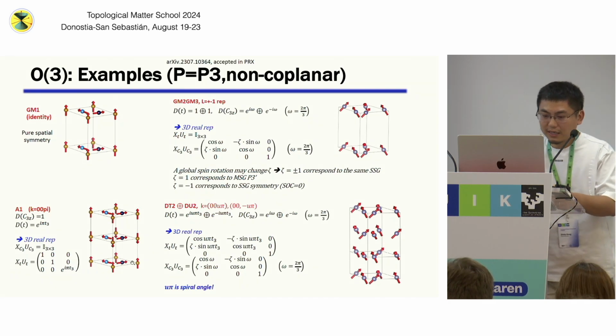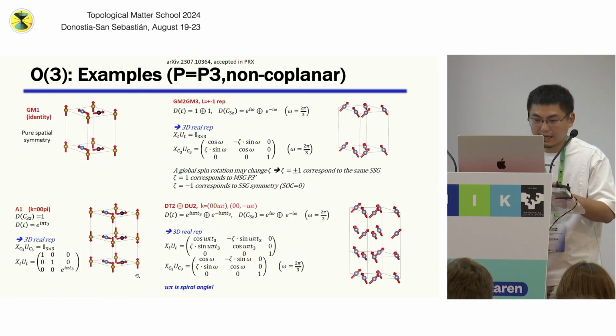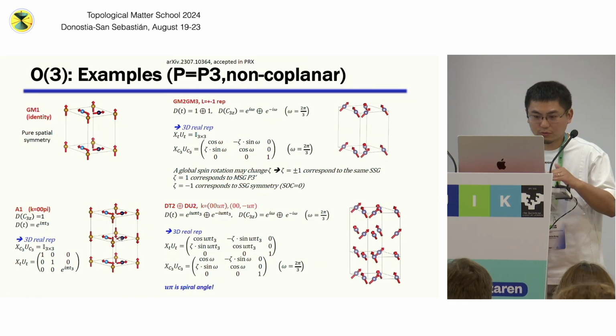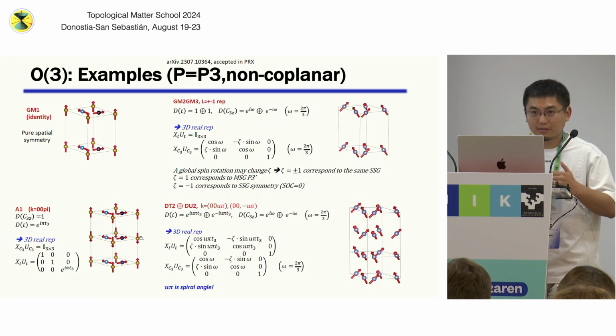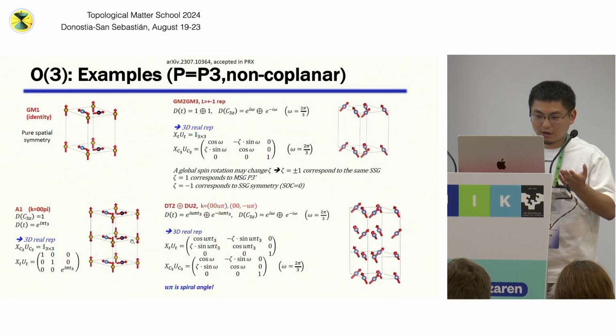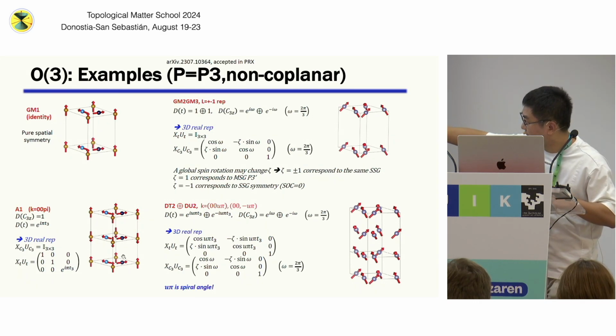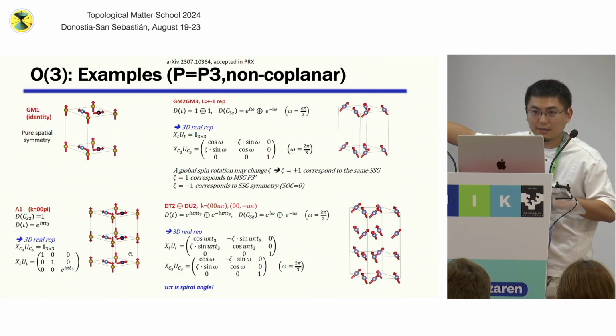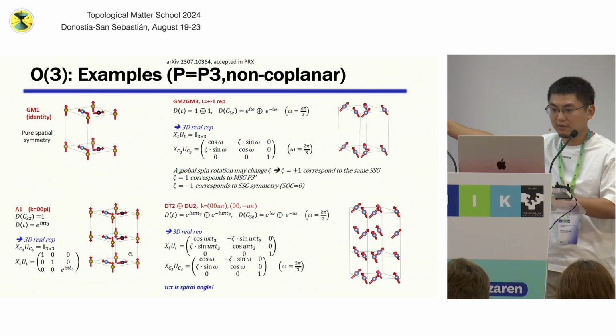So that means if we have this structure at the Z equal to 0 plane, then at the next plane, Z equal to 1, all the Z components of the moments will be flipped. Okay? So the only change between the second layer and the first layer is the change of the Z component of the moments.